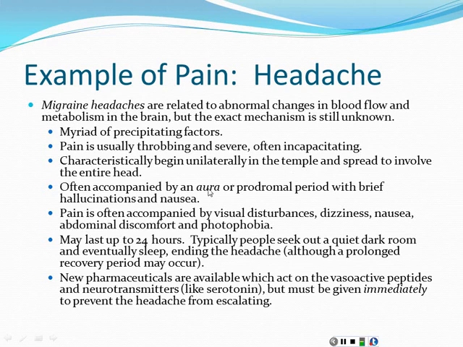A classic board question about migraines is about the aura, and an aura is just a feeling that the patient has that precedes the headache. Many people with migraines can identify the aura so they know the headache is coming. It can be hallucinations, not the fancy ones like you see on TV, but just specks of light or sounds, hearing things that aren't there, and then nausea.